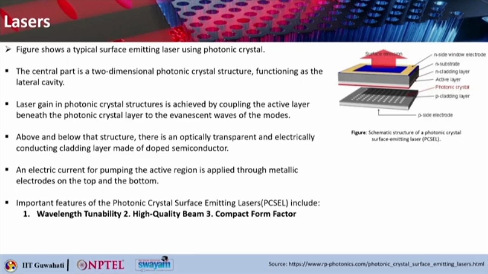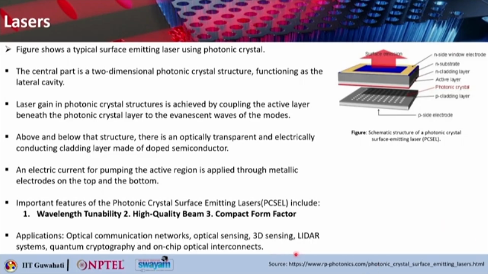And the third important feature is compact form factor. Surface emitting lasers based on photonic crystals are typically smaller and more compact than the traditional edge emitting lasers. This makes them suitable for integration into various optical systems.